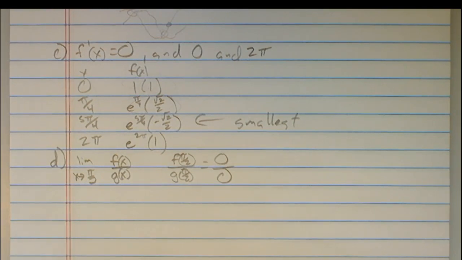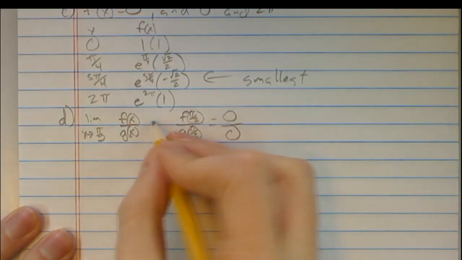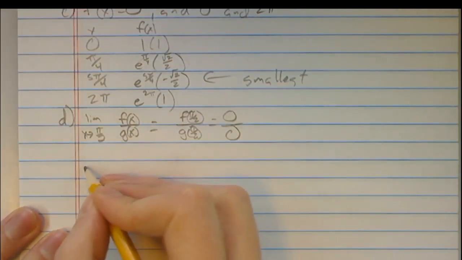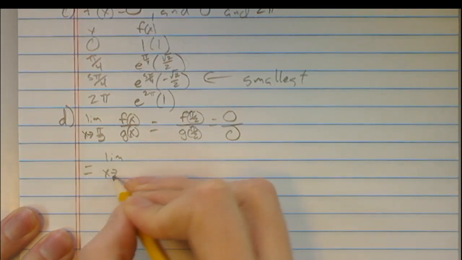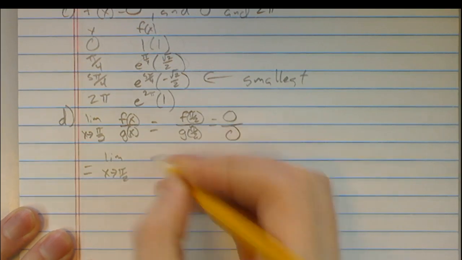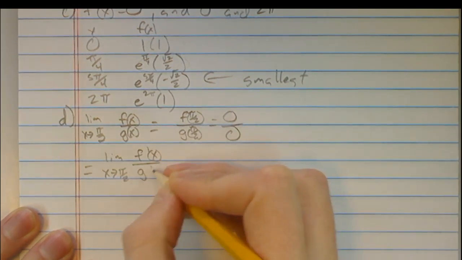We can't do it by substitution. So we're going to try L'Hopital's rule, which says that it is also equal to the limit as x approaches pi over 2 of f prime over g prime.